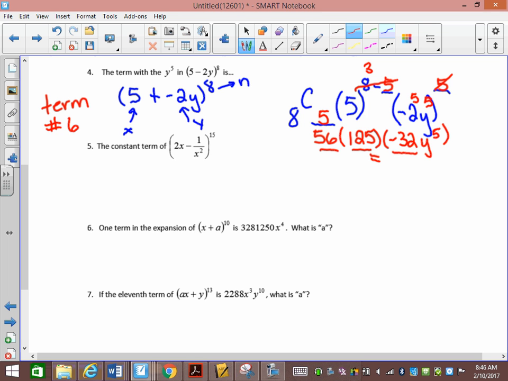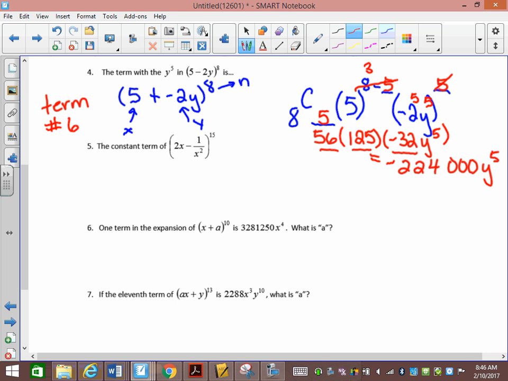Dora, what'd you get? Negative 224,000 y to the 5. So this question can be asked in three different ways from this one question. What term is this? Well, it's term 6.